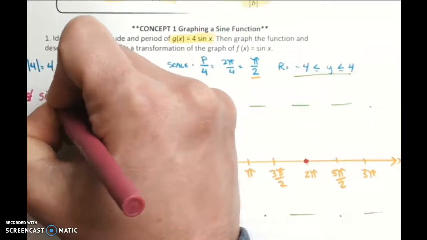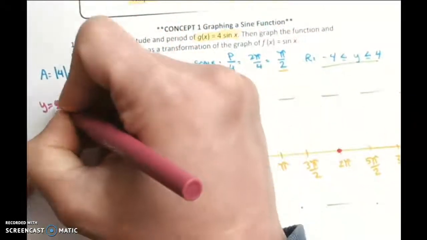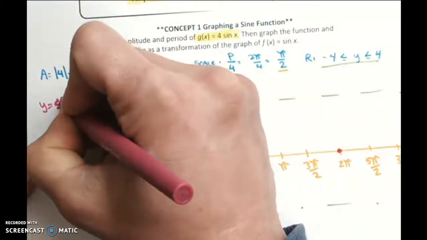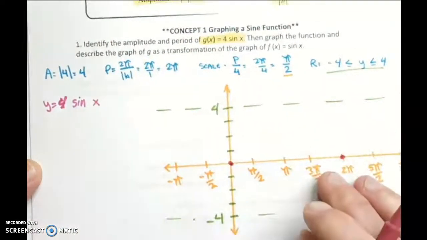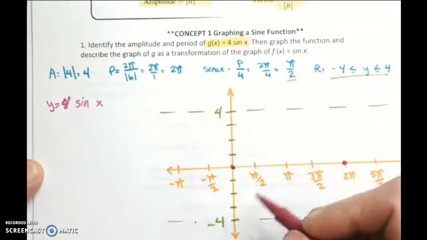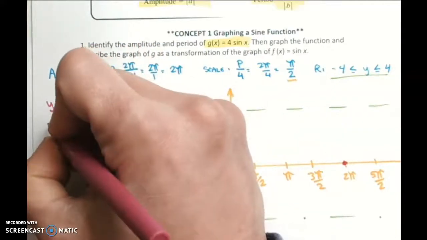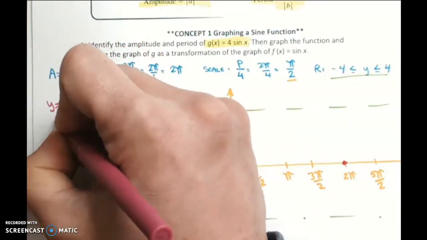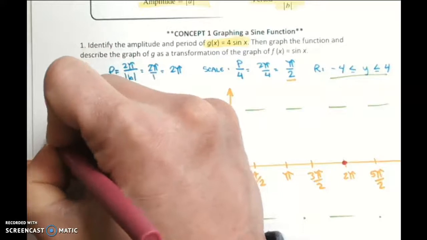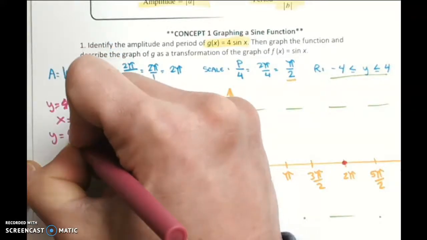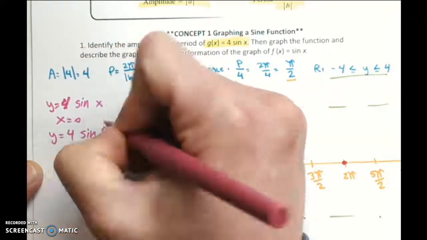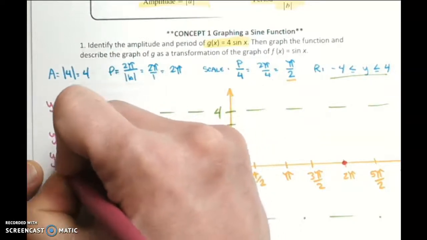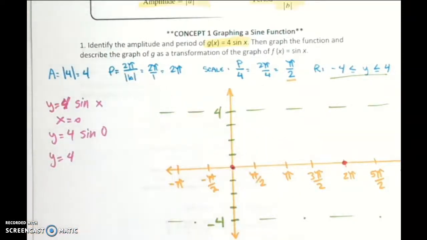For sine of x, okay, what if I put x at 0? I'm going to solve for y. So if x equals 0, I have y equals 4 sine of 0. What's sine of 0?